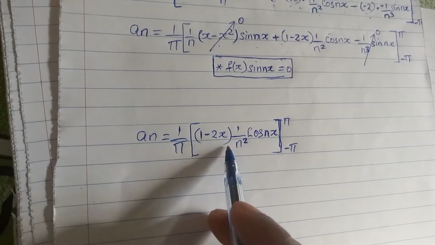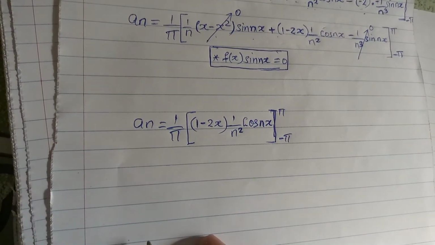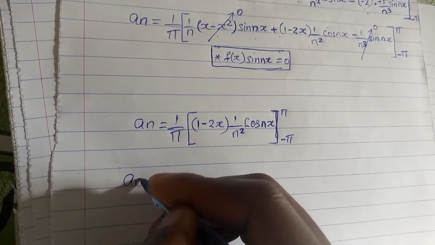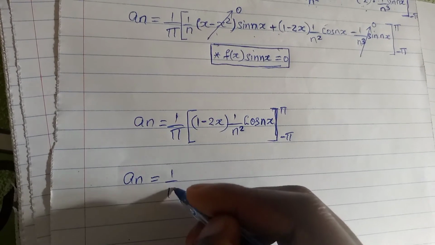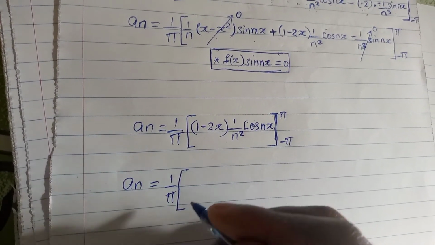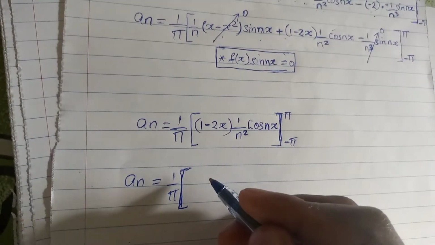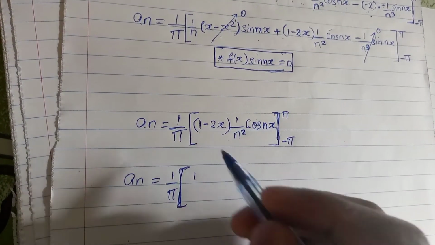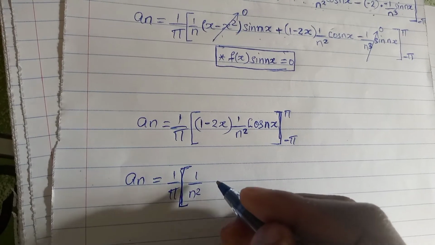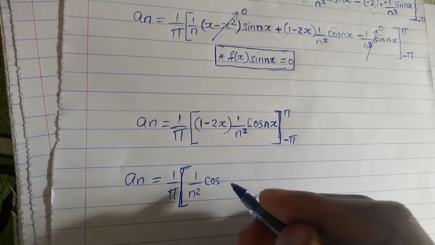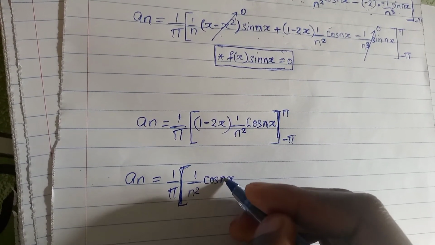Then we are going to open these brackets so that now our a_n becomes 1 over pi into this times 1, which will be 1 over n squared cos nx.